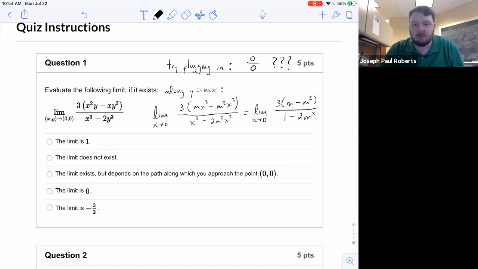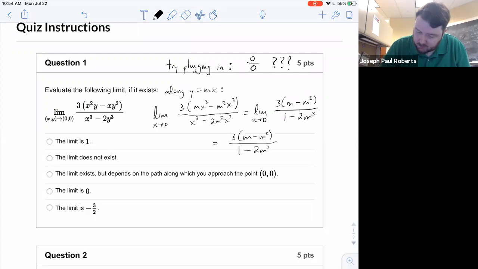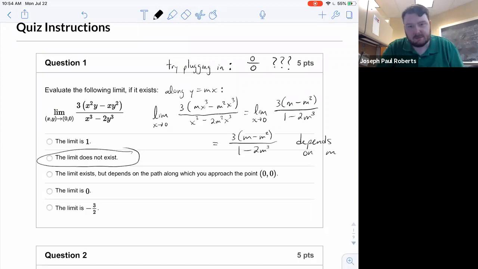Now that there are no more x's, the limit as x goes to 0 is just 3 times m minus m squared over 1 minus 2m cubed, which depends on m. And like we said a few minutes ago, if it depends on m, then it depends on the path you take. If it depends on the path you take, then the limit does not exist.